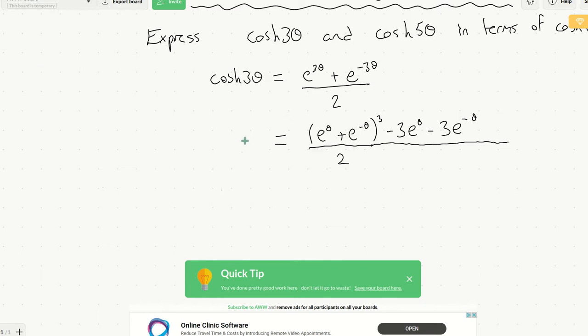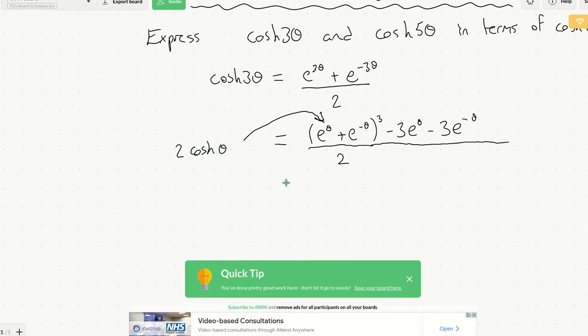This, in the brackets, is simply 2 cos theta, because it hasn't been divided by 2 yet. So after I cube it, I'm going to get 8 cos cubed theta. And this here is simply minus 3 times, it's not quite minus 3 cos theta.